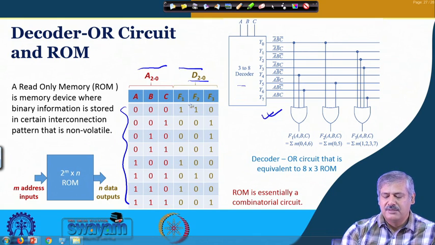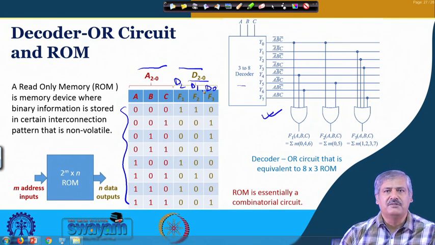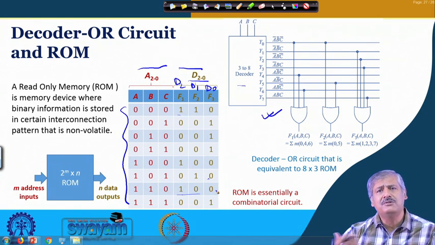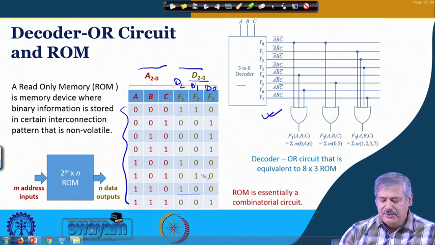You can consider this is D2, this is D1 and D0, and in each of these locations you want to store some binary information. So, here is an example: say that you are storing 110 here, 001, again 001, 001, 100, 010, 100, or 000, and you can take some other value as well.